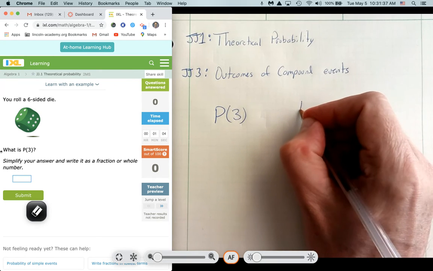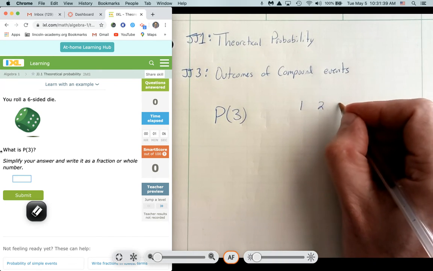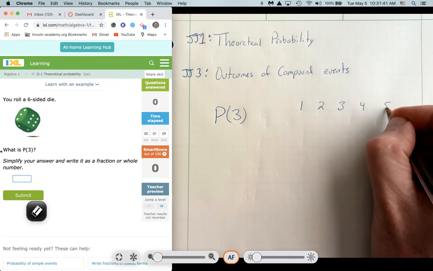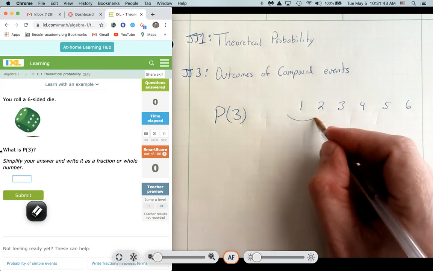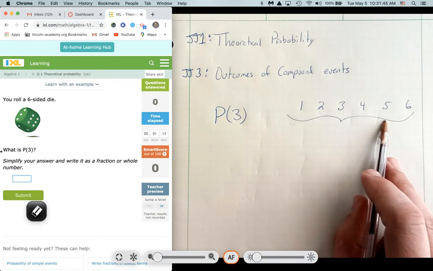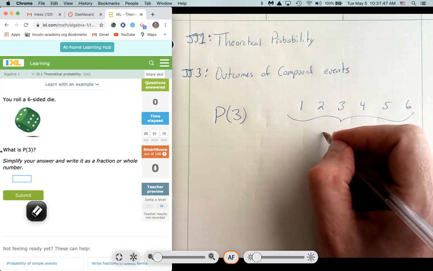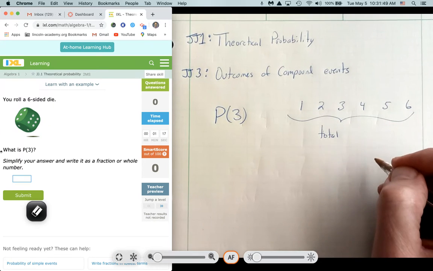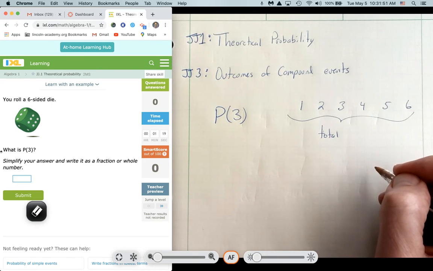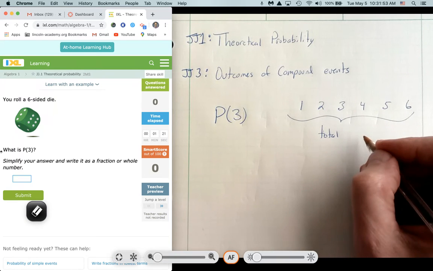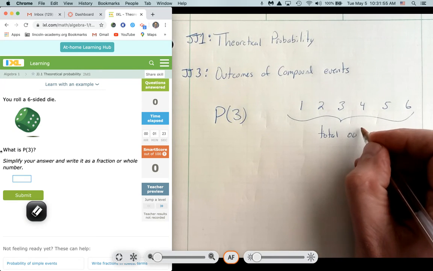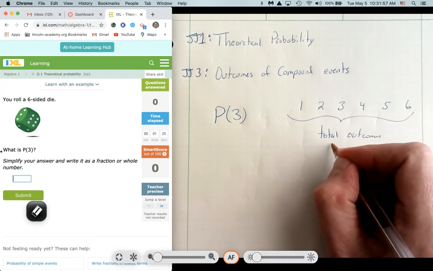We can roll a 1, a 2, a 3, a 4, a 5, or a 6. The total number of outcomes that we can get from our experiment is called our sample space.